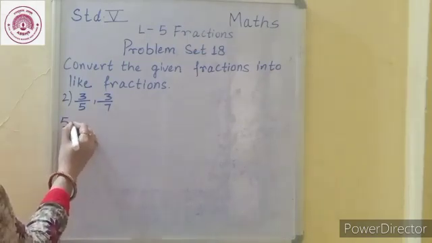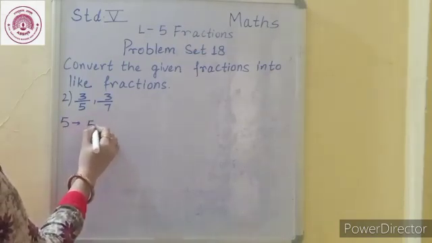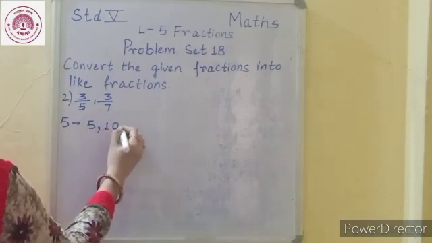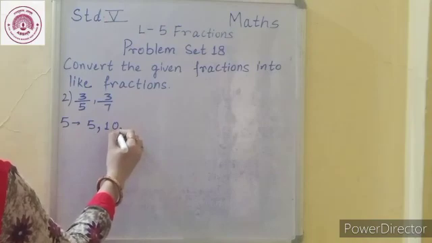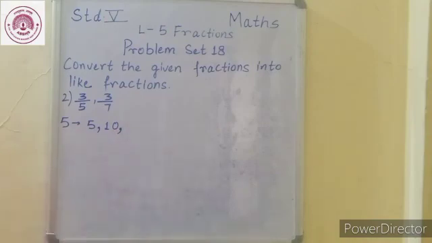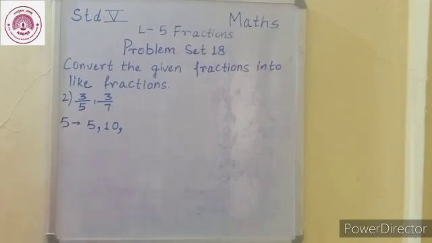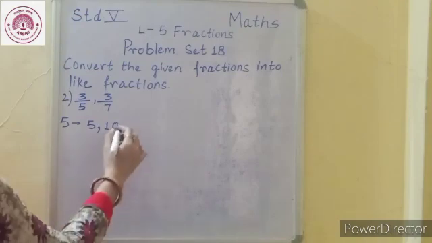Multiples of 5 are 5 ones are 5, 5 twos are 10, and so on like this. We have to go up to 7. That is, we have to find the 7 multiples of 5 to get 35.